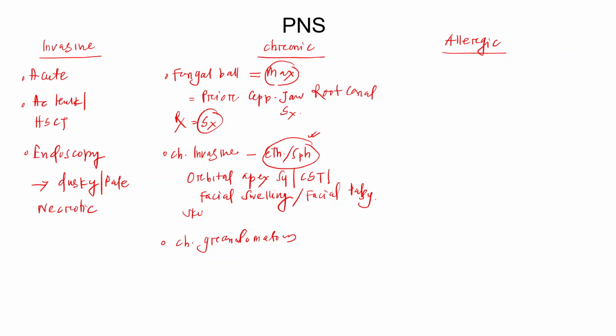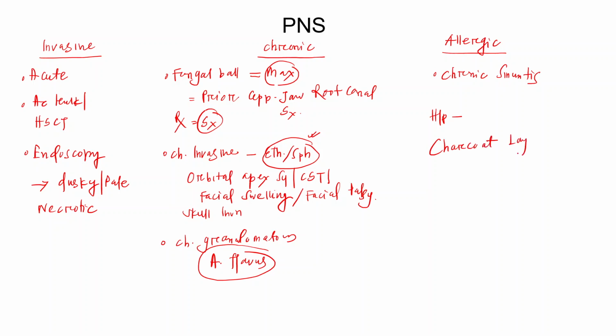They may have skull-base invasion also. Chronic granulomatous infection is usually caused by Aspergillus flavus. Then coming to the allergic infections, they can cause chronic allergic sinusitis, and the histopathological hallmark is Charcot-Leyden crystals.